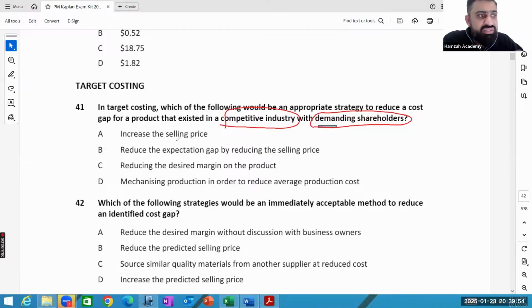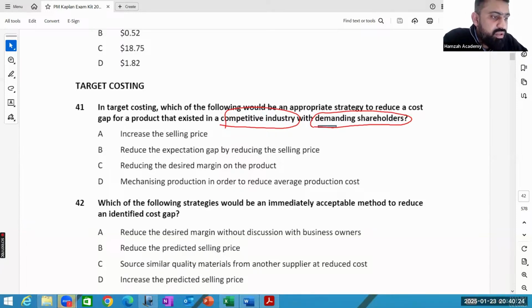Now tell me, can we increase the selling price in a competitive industry? No, we cannot increase the selling price. So A is not the answer.